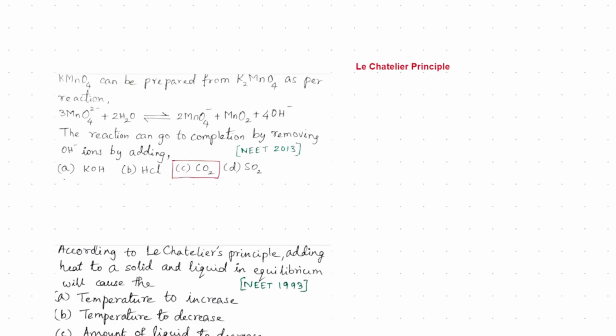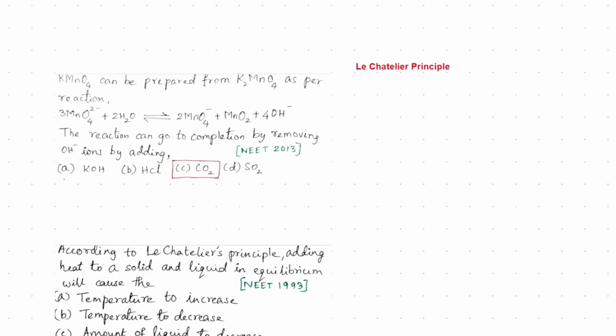These questions are direct questions, mostly concept questions. Look at the first one. KMnO4 can be prepared from K2MnO4 as per the reaction. The reaction is given. The reaction can go to completion by removing OH minus ions by adding, okay, 4 options are given.